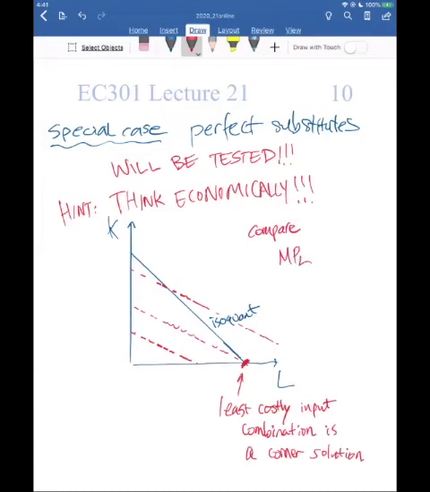You're going to compare marginal product of labor over W and marginal product of capital over R. Instead of having an interior solution where you can equate marginal product of labor over W and marginal product of capital over R, you're not going to have some L star and K star that gives you equal numbers for this. So how do you make the decision whether to produce everything using labor inputs, or everything using capital inputs?